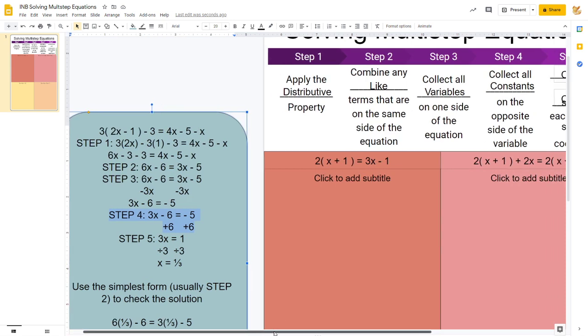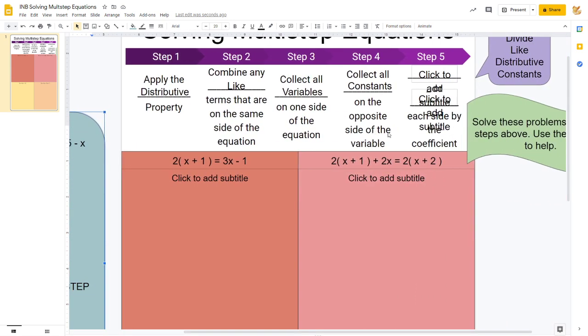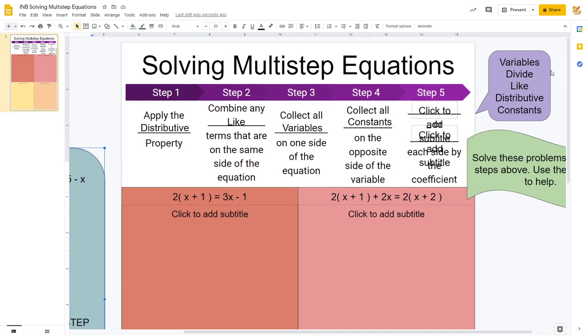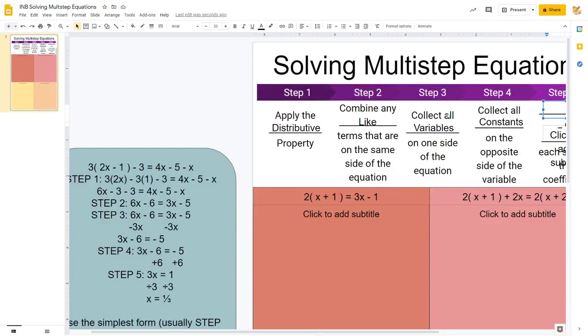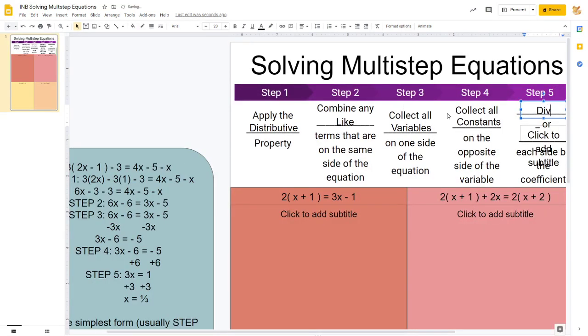My last step, step 5, blank or blank each side by the coefficient. Well, I know there's only one word, but technically there should be another. It's going to be divide or multiply because it could be either or.